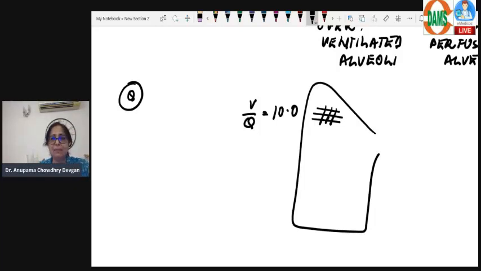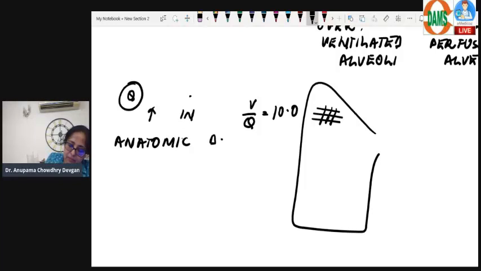Maybe there is a thrombus in the pulmonary blood vessel, perfusion has reduced, and VQ ratio is now 10 in this segment. So it causes an increase in the physiologic dead space.